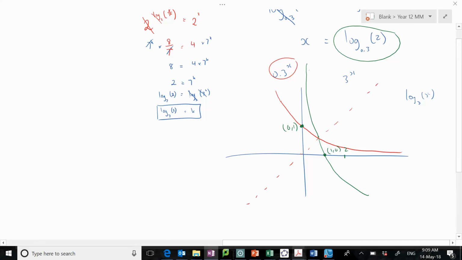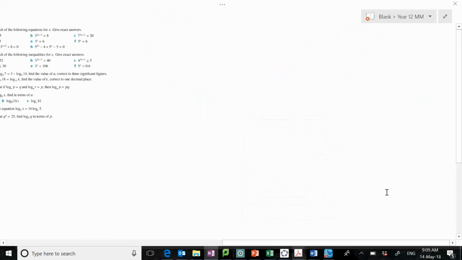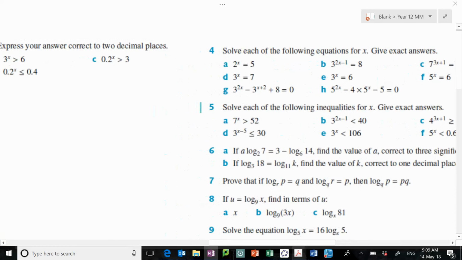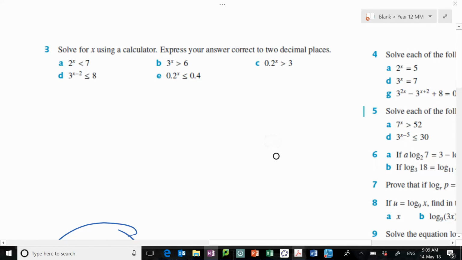Where's 3e? All right, here we go. 3e. Now, same thing: 0.2 to the power of x less than or equal to 0.4. If you want to find x, same thing.